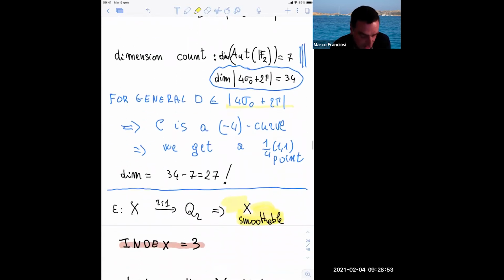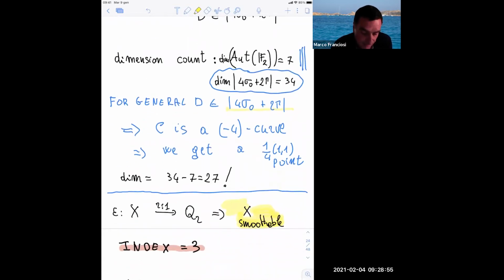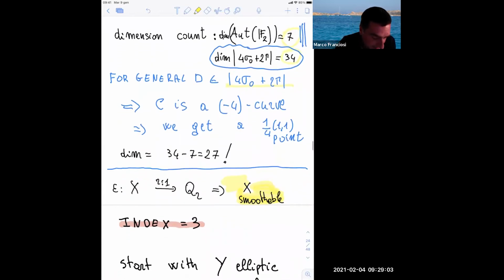So the dimension is just 34 minus 7, and we obtain 27. Moreover, in this case, using our description of X as a double cover of the quadratic cone, we can see that it is smoothable.